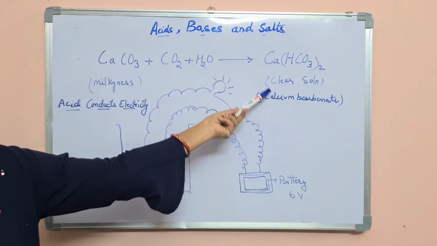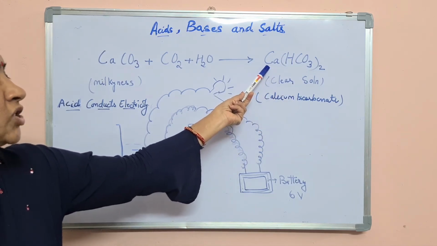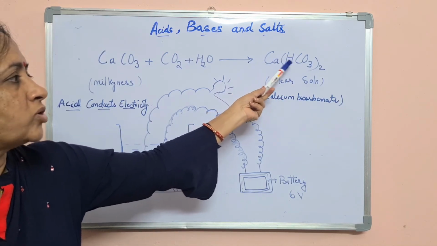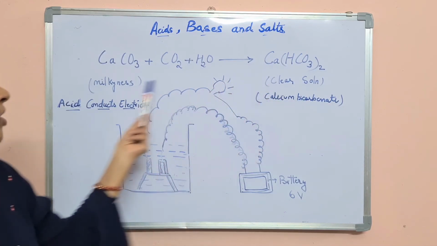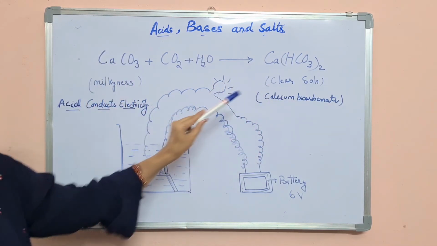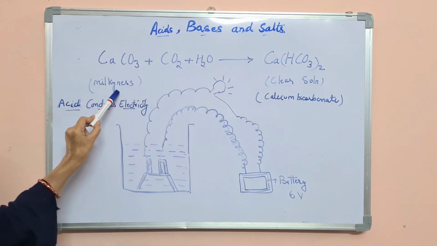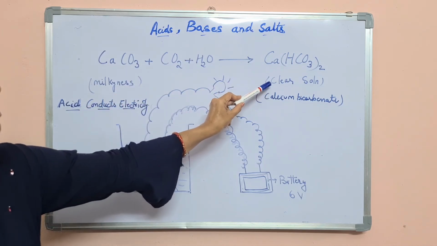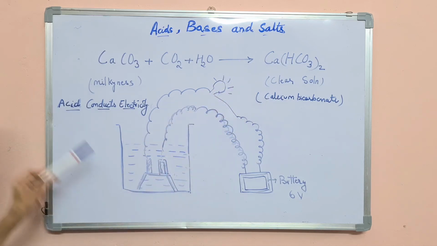This is because of the formation of calcium hydrogen carbonate, also called calcium bicarbonate. So the milkiness disappears and it becomes a clear solution. Remember this also: if CO2 gas is passed in excess, the solution becomes clear because of the formation of calcium bicarbonate.